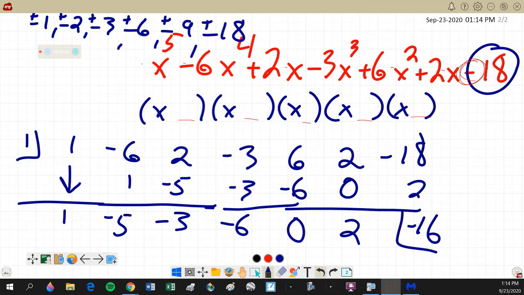It's the easiest one, because if you look, all you have to do is add all these together, and you'll get the same answer. 1 minus 6 is -5, plus 2 is -3, minus 3 is -6, plus 6 is 0, plus 2, minus 18 is -16. So you can test 1 by just adding them all together. Now it didn't work. Okay?